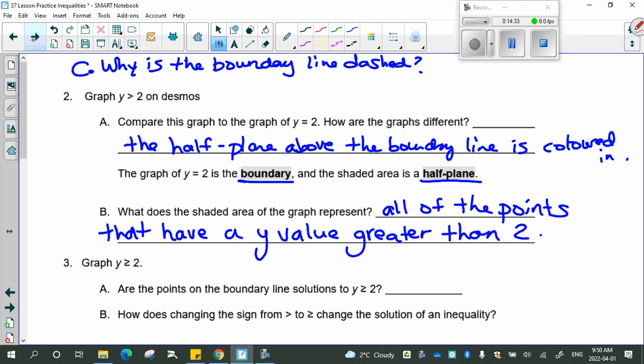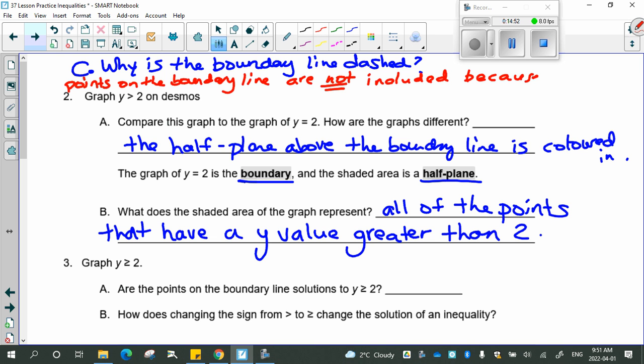And the reason is, points on the boundary line are not included because their y value is not greater than 2.